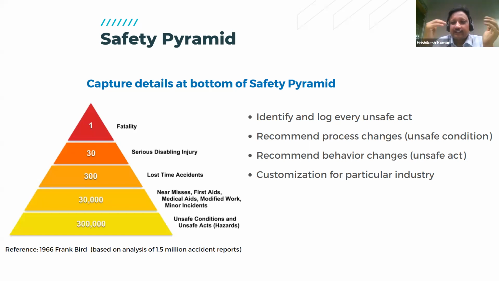So the safety parameter we have to understand is that when one fatality happens, there are almost 300,000 unsafe conditions or safety hazards in the workplaces. So the idea behind these digital technologies is to capture the bottom of the pyramid. It's not about capturing the major injuries, the minor injuries, or the fatality. Let's capture the unsafe condition itself.